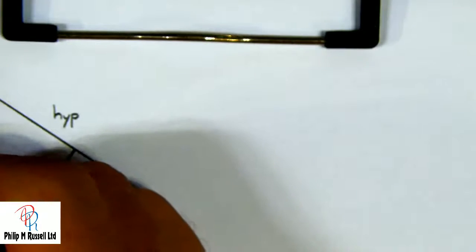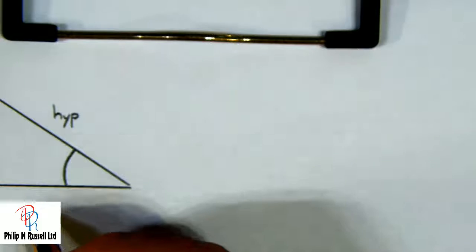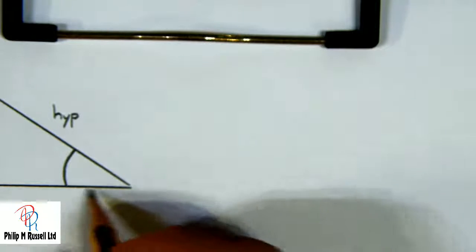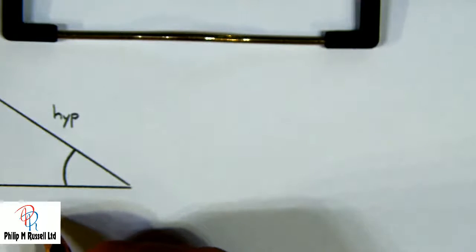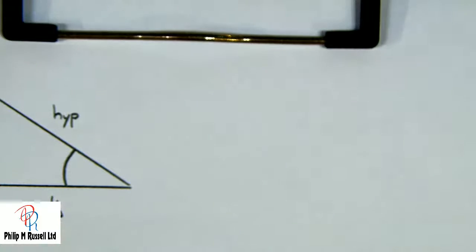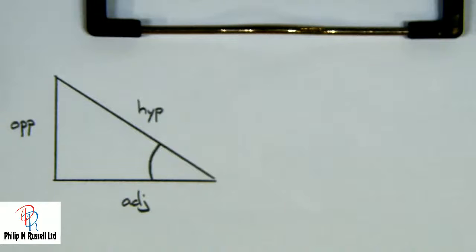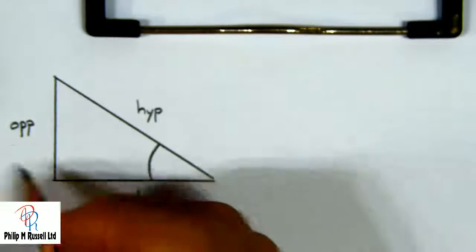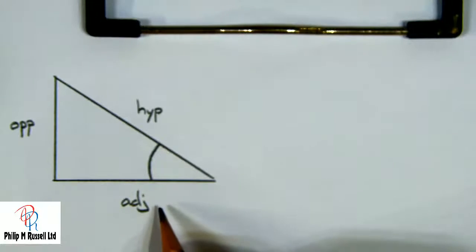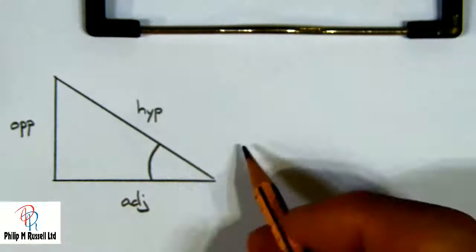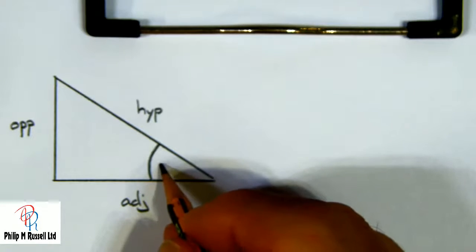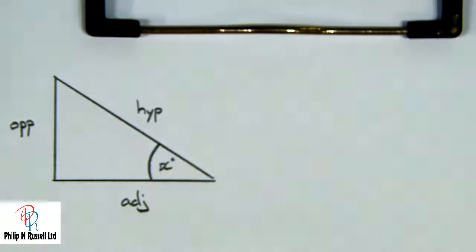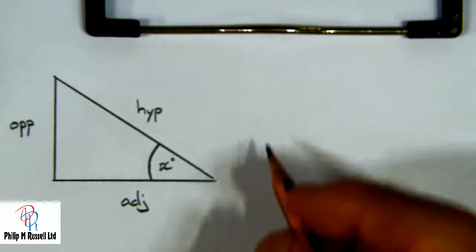This is the opposite angle, and this line here is next to the angle, or we call it adjacent to the angle. So opposite, adjacent, and hypotenuse, and this is my angle that we're going to be working out, x degrees.